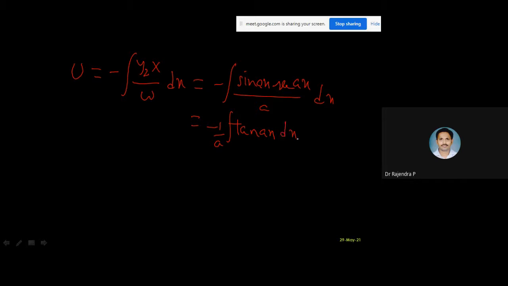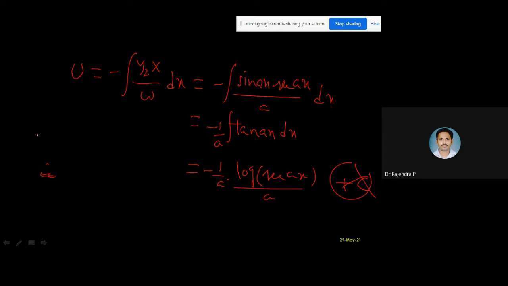Tan ax into dx. Okay, tell me, integral of tan is what? Logarithm of secant ax. Here ax is there, so derivative for ax is a. That I have to divide by a, because you are doing integration. Don't add the integral constant here. Please don't do that.